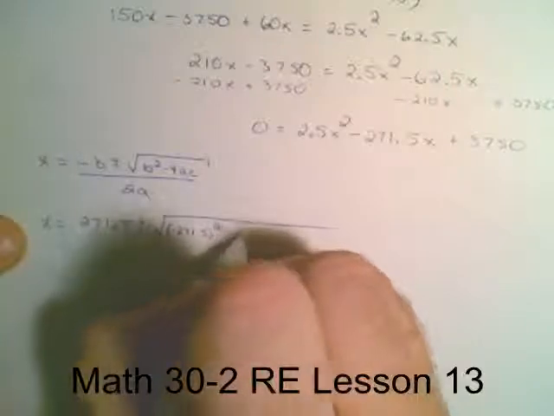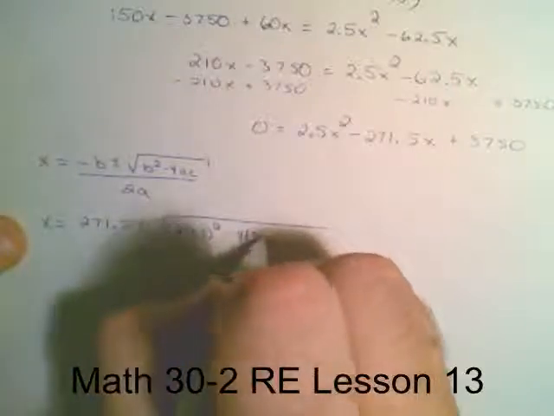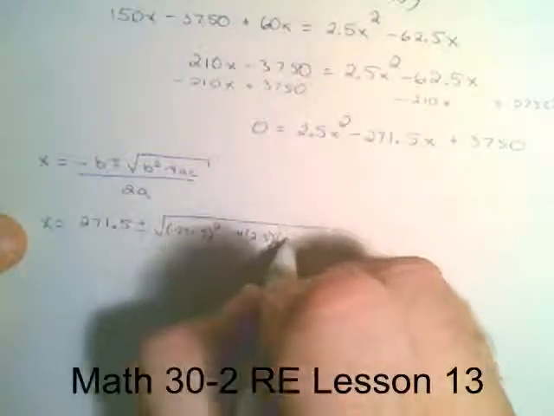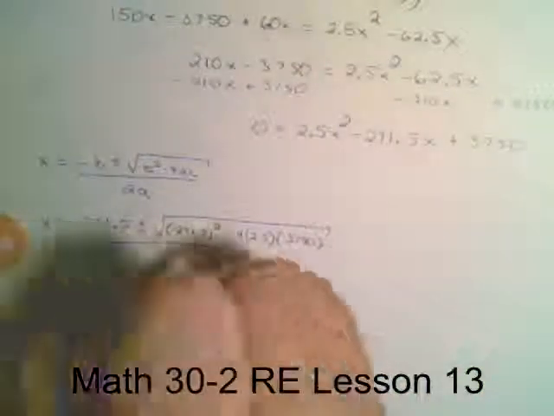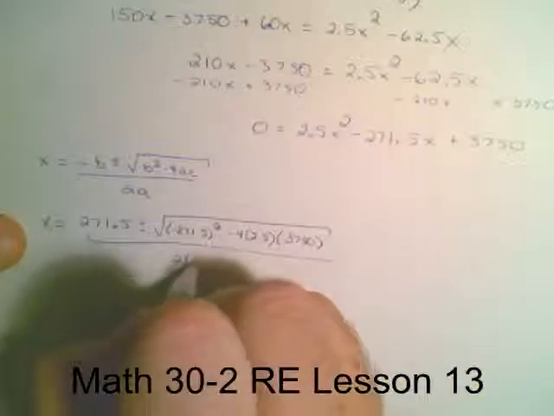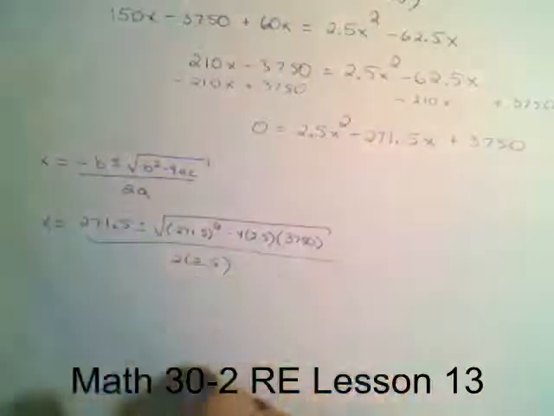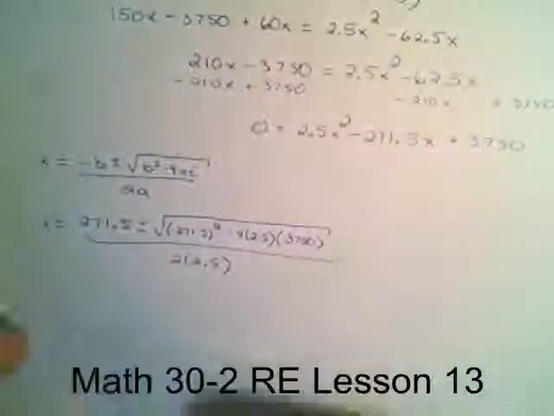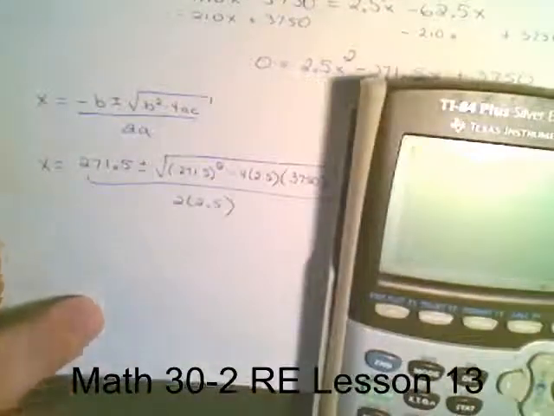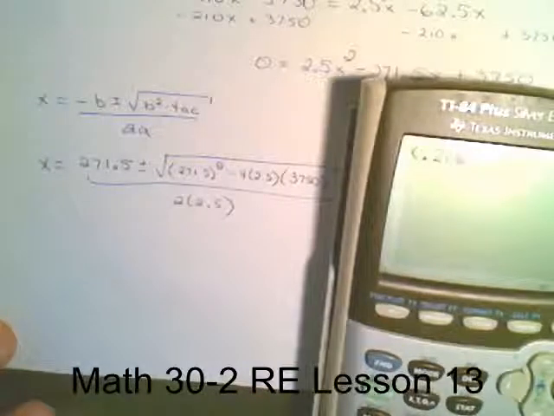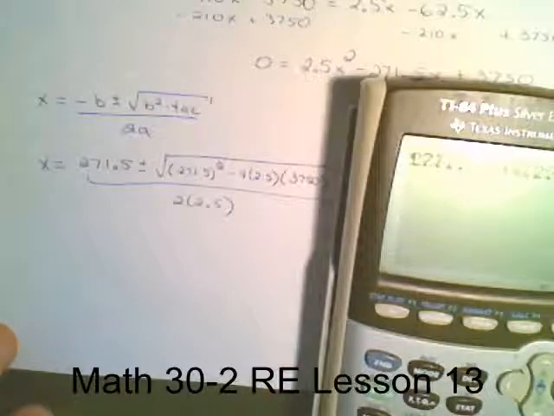So it's going to be negative negative 271.5. Negative negative is plus, so it's 271.5 plus or minus the square root of negative 271.5 squared minus 4 times 2.5, that's a, times c, which is 3,750, all divided by 2 times a, which is 2.5.